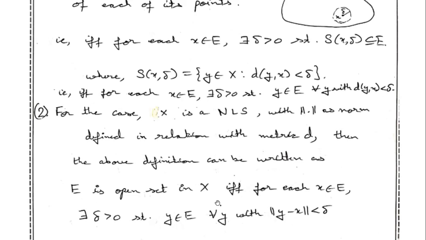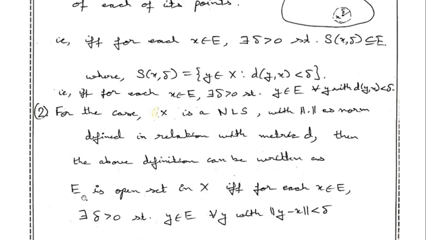We will write that E is an open set if and only if for each x belonging to E, exactly the same, there exists delta greater than 0 such that y belongs to E for all y with norm of y minus x less than delta, since the distance between y and x becomes the norm of y minus x. So that is what we are going to prove for proving a set E to be an open set of a normed linear space X.